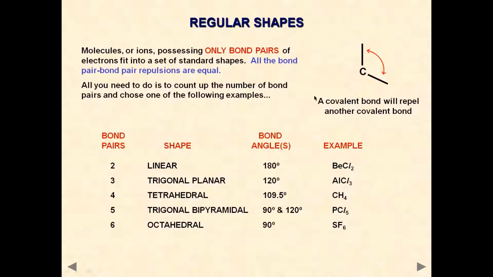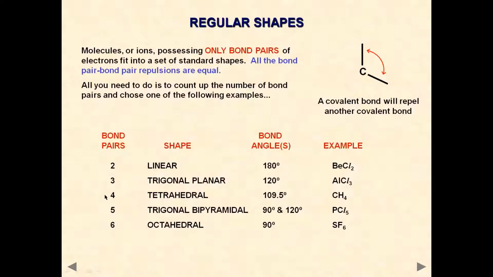If there are 3 bonds around the central atom, then the shape is going to be trigonal planar. Again, we're going to look at these shapes in detail. How do they look? If there are 3 bond pairs, then the shape is trigonal planar, and the bond angle is going to be 120 degrees between each bond, and the example is AlCl3.